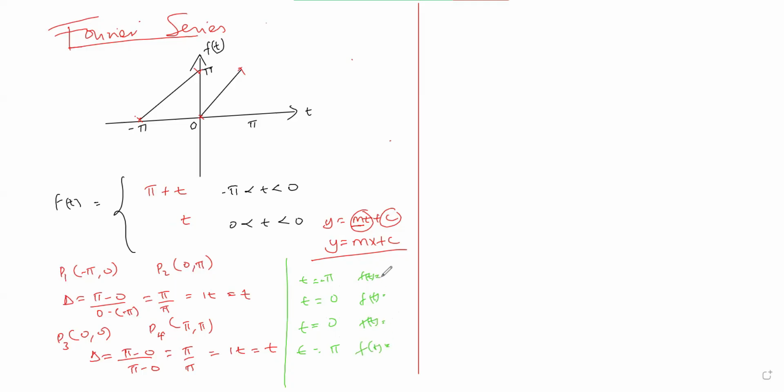So when this one is negative pi, we put it in the function. So negative pi, so 0 plus negative pi gives you 0. Then when this one is 0, this one is pi. So for the first two functions, it is 0, negative pi, this point, then 0, pi. Then the other one, when you put 0 here, you just have 0. And remember this one is pi, not 0.